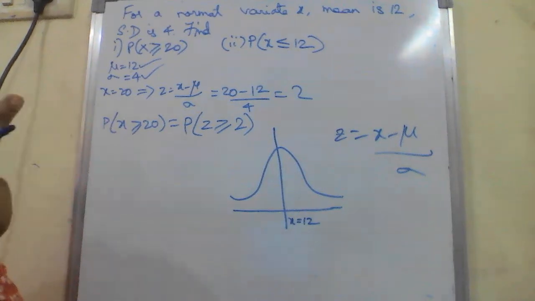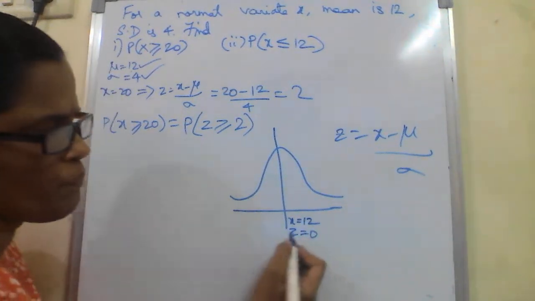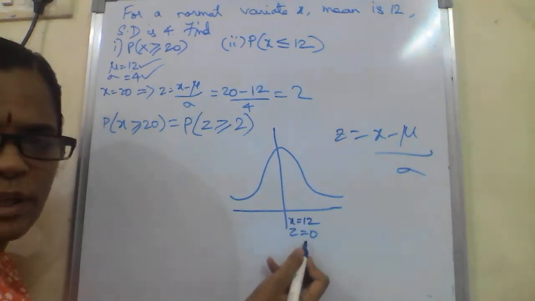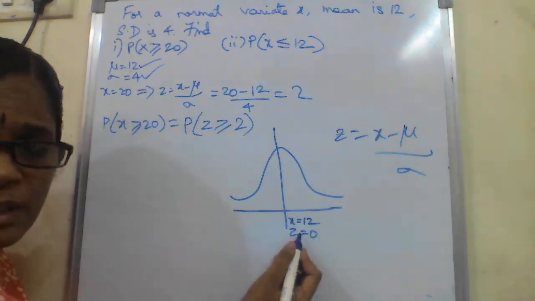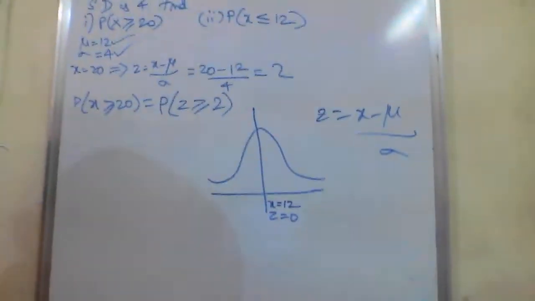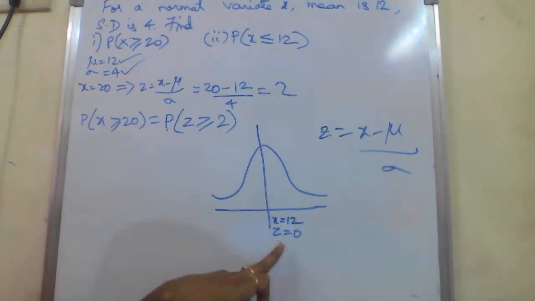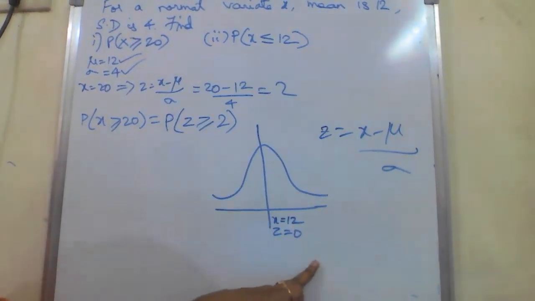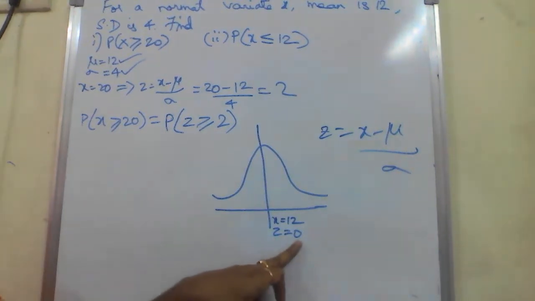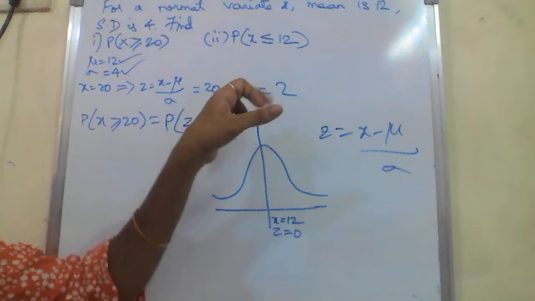The corresponding value of z is always 0. The mu value for the z variable will be 0, and for x it will be whatever he gives you in the problem. But in z it will always be 0.